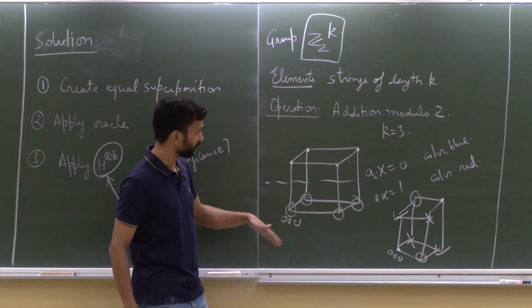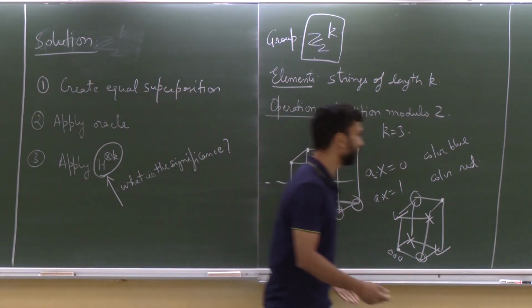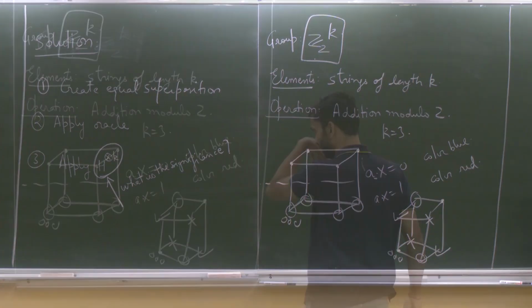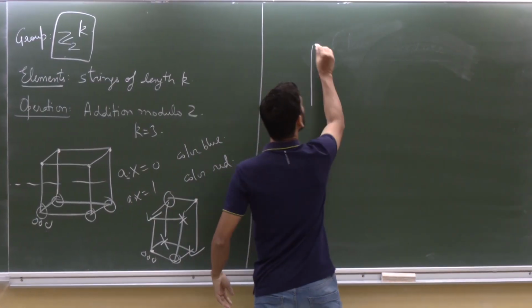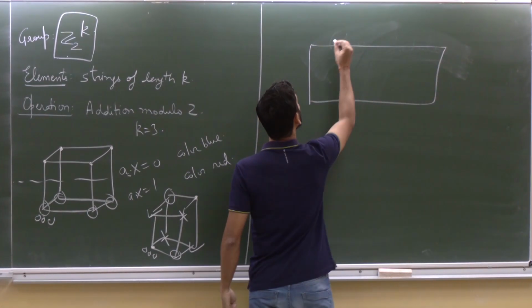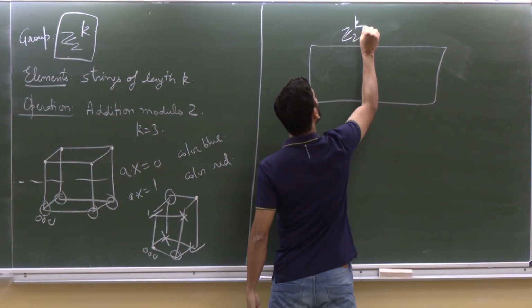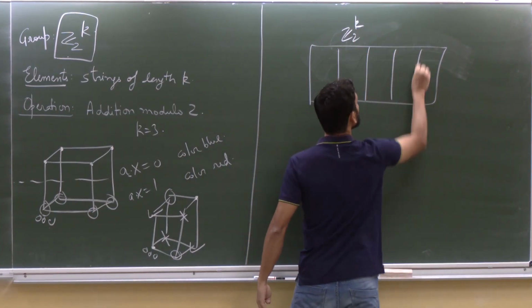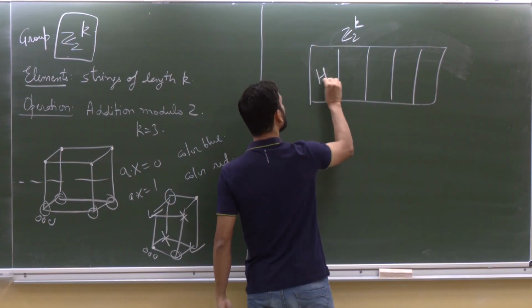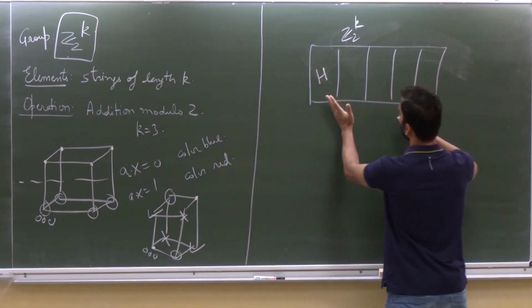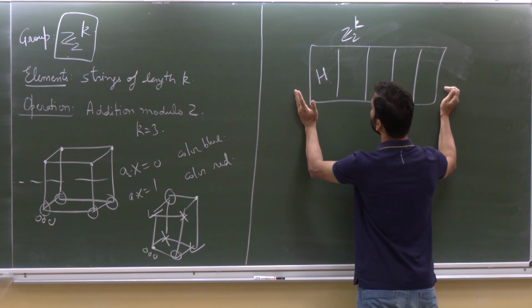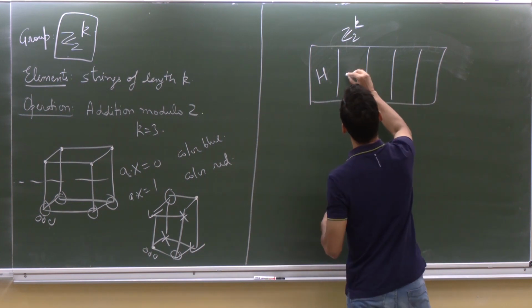Okay, and this is something which I emphasized in the group and subgroup: you are given a group, this is Z to the power k, you take a subgroup, the cosets of the subgroup actually divide the group or partition the group.